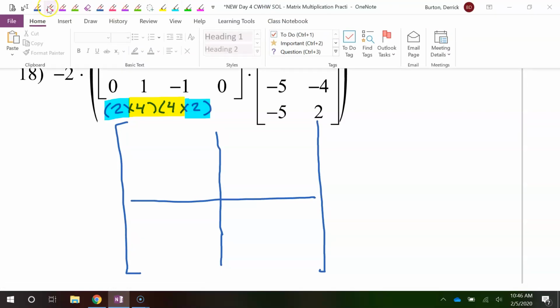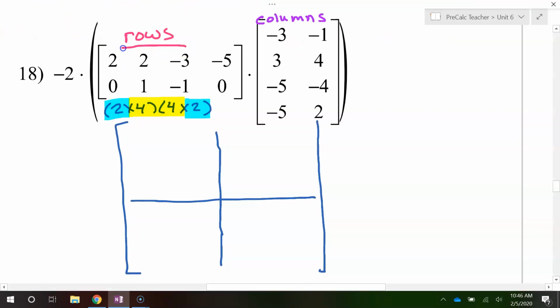Let's do the rows first. Row 1 goes across row 1. So I'm going to have 2, 2, negative 3, negative 5.